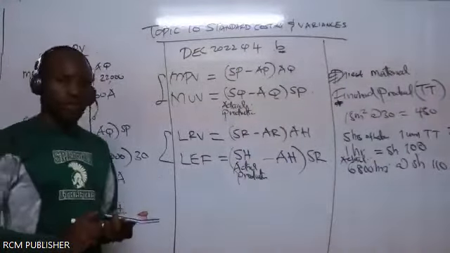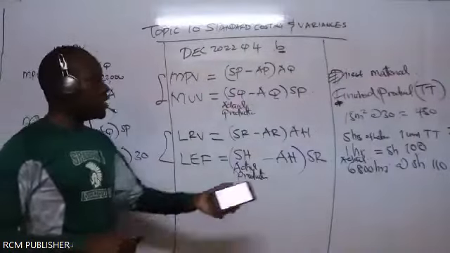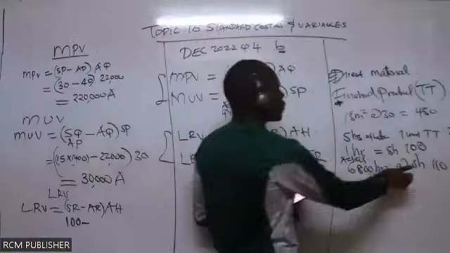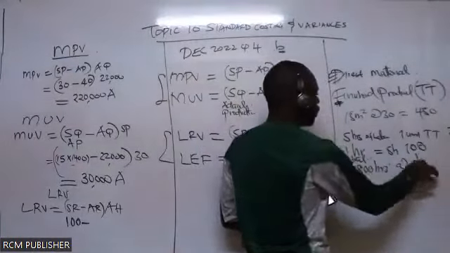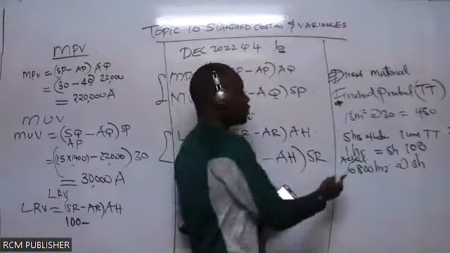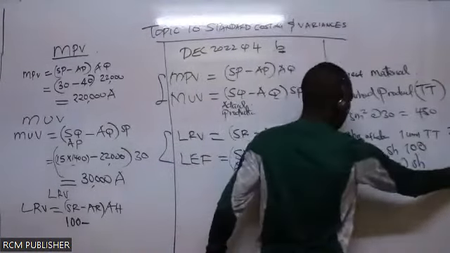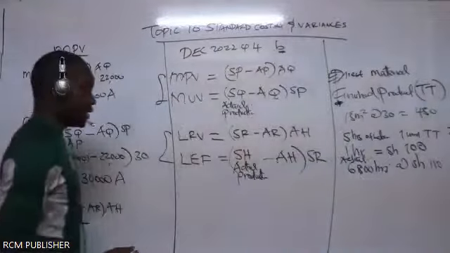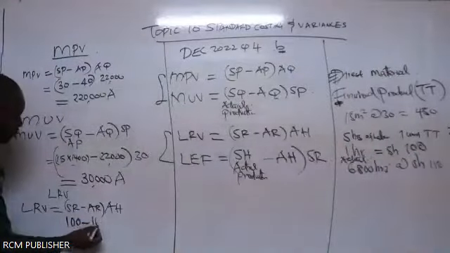In some questions it is going to be the same thing, but the only thing they do is they don't give you this 110. They know very well you'll be able to calculate with that 110. So they take 110, multiply by this, and give you the total figure. So it is upon you to know how to get the 110, which we should have here.